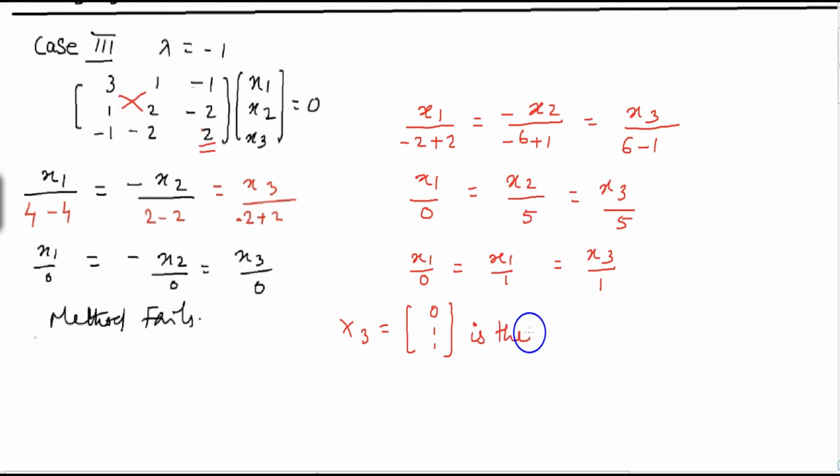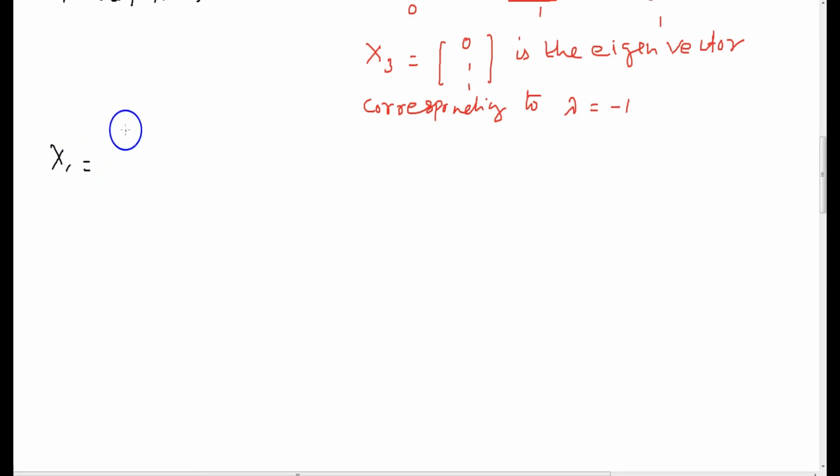0, 1, 1 is the eigenvector corresponding to lambda equal to minus 1. X1 is the eigenvector corresponding to lambda equal to 1.